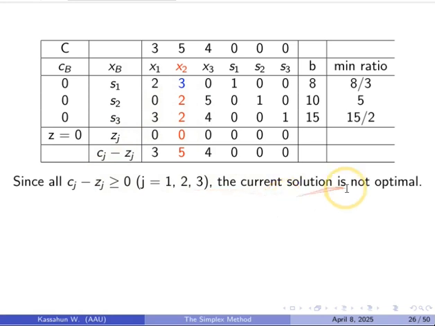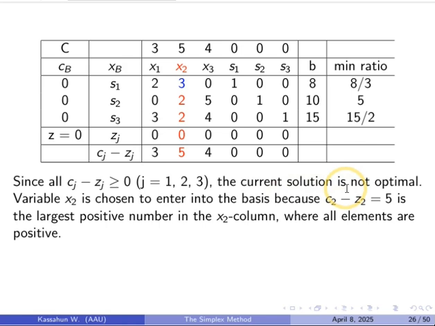The current solution is not optimal. Now, as I told you, x2 is chosen to enter the basis while S1 is leaving, because Cj minus Zj is 5 here, the largest positive number in the column.